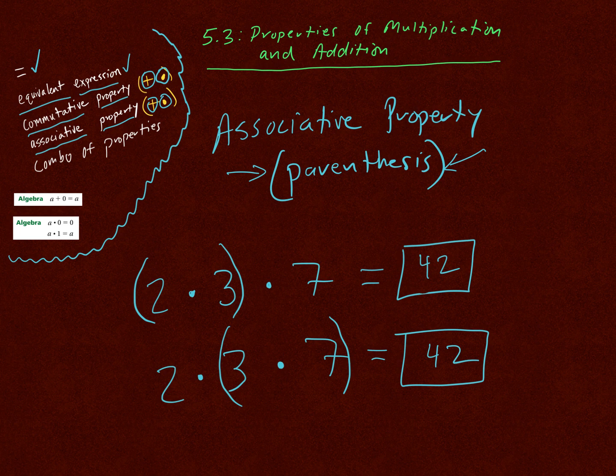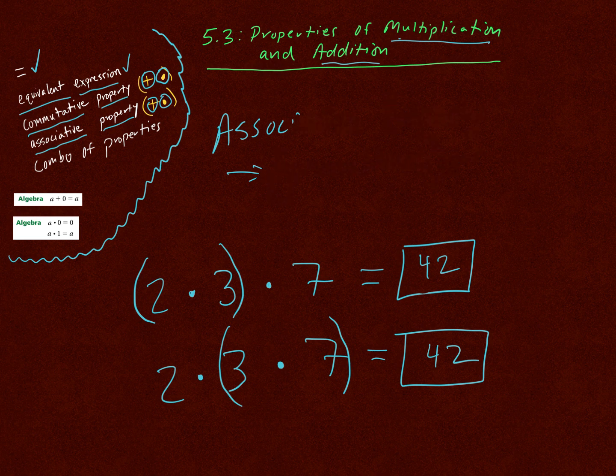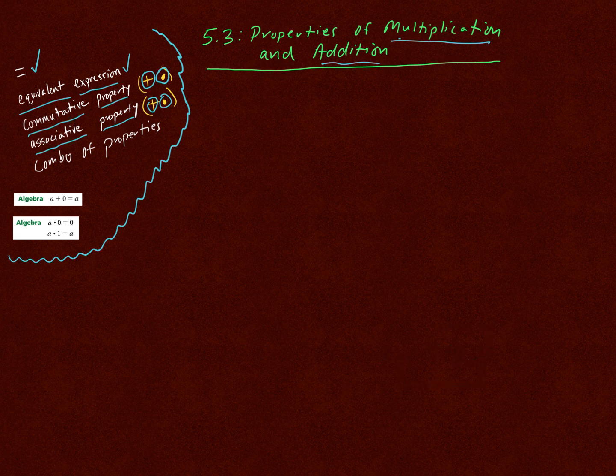Okay, so with the associative property, again, I can move parentheses around different numbers, and as long as I'm multiplying or adding, I'm allowed to change the location of those parentheses. So those are the two types of properties we're learning about in lesson 4.3.